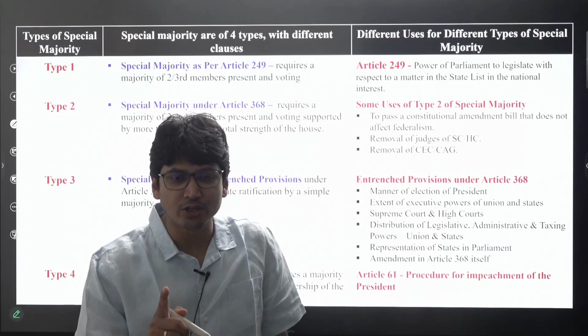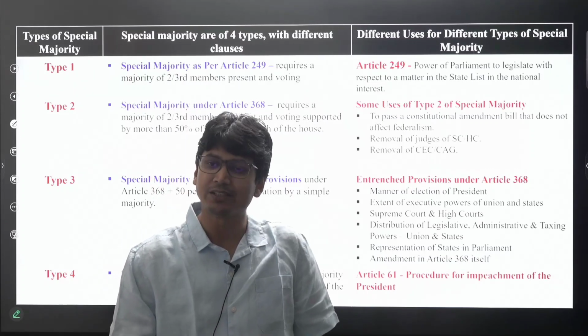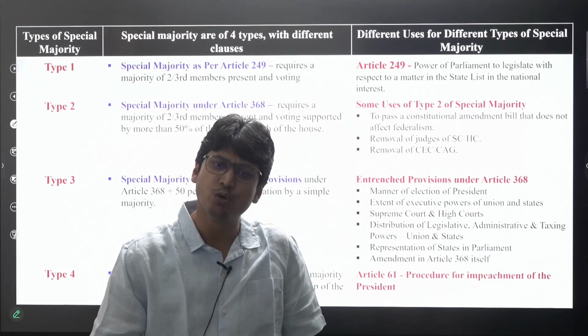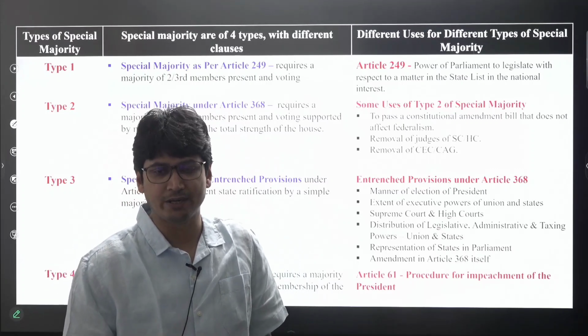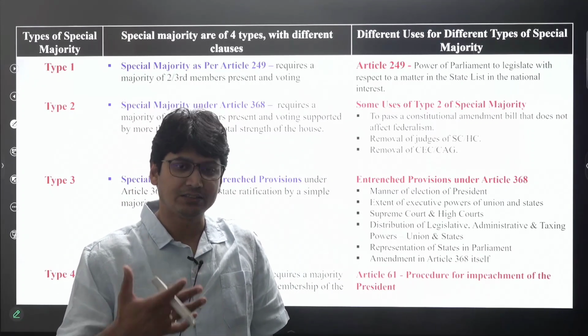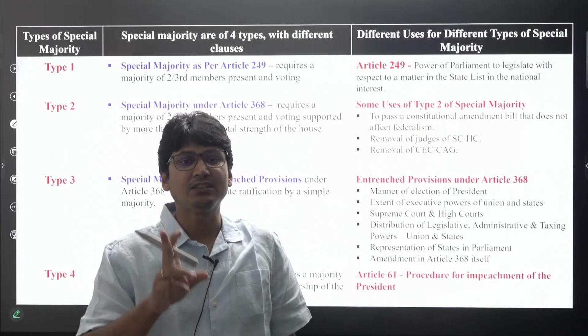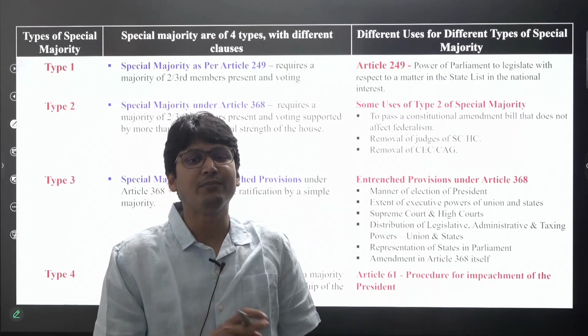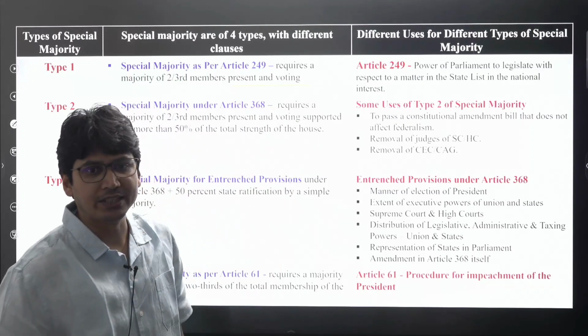Type 1 majority mentioned under Article 249 requires a majority of 2/3 of the members present and voting. We'll discuss this more elaborately when we take up Article 249 and associated matters. But please understand this is important: present and voting.